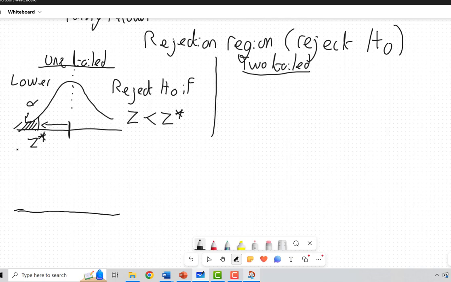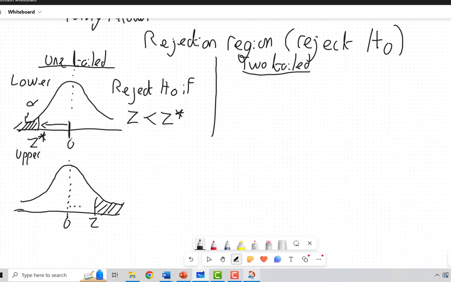So the next one, we're going to do the upper. This time, we're testing to the right. Again, start off in the middle. We've transformed our sample mean into the z distribution.